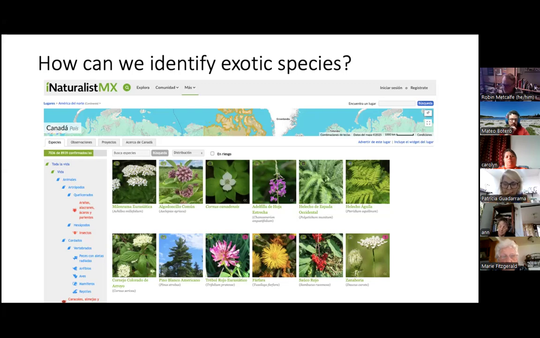And an important note: plants are identified based on their flowers and fruit, so you need to take pictures of the flowers and fruit of the plant.